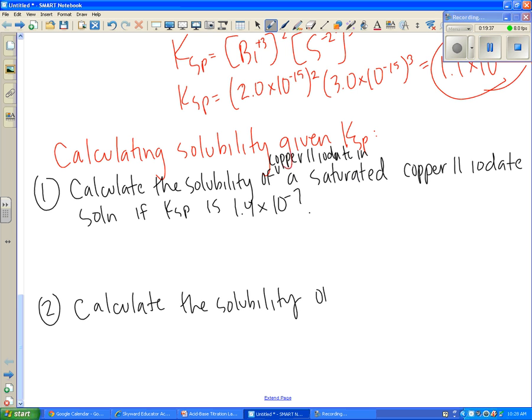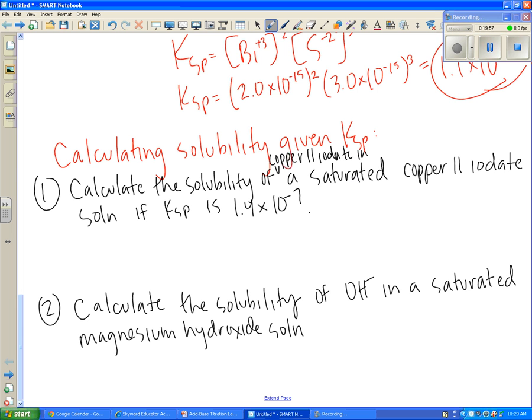Calculate the solubility of hydroxide ion in a saturated magnesium hydroxide solution, if KSP is 5.6 times 10 to the minus 12.